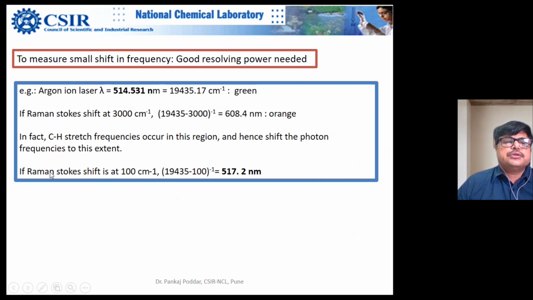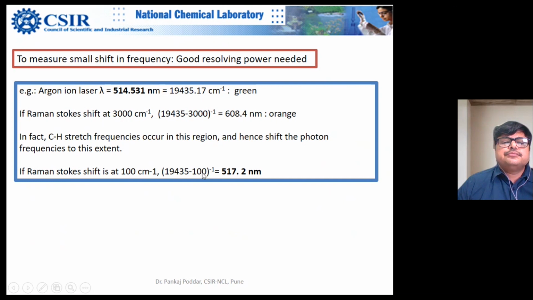For example, if you are recording a Raman Stokes shift of 100 centimeter inverse, and you are using an argon ion laser, the wavelength is 540.531 nanometer. If we convert that into centimeters, it becomes this value.